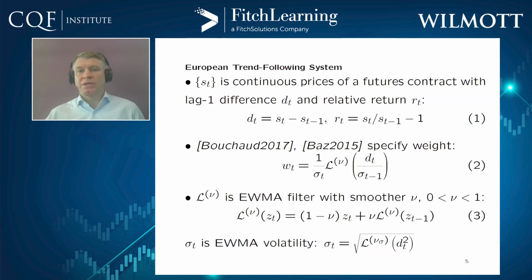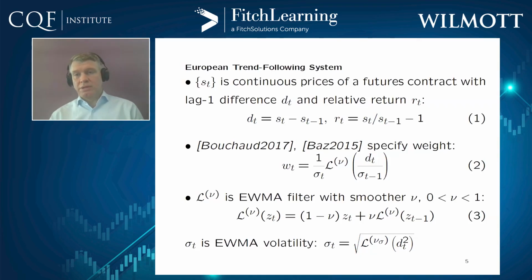So let me start with the European trend following system. We usually work with continuous prices of futures contracts, and typically people work either with price differences or with relative returns. In particular, there are a few important papers that consider daily risk-adjusted returns, or price differences normalized by volatility, and we take the filter.